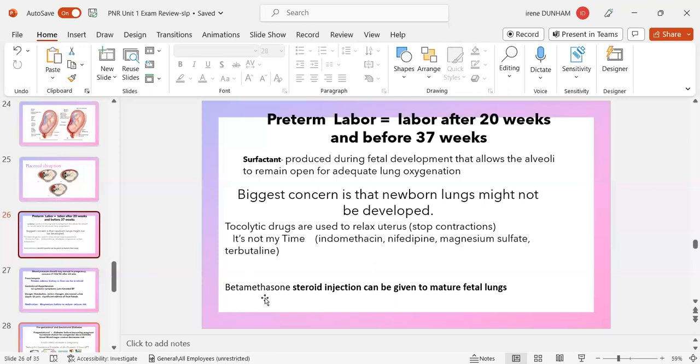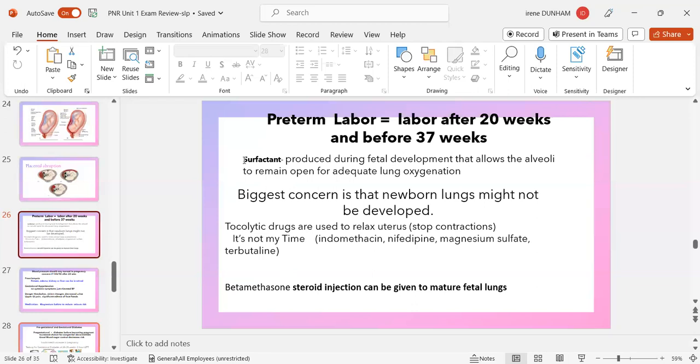Okay, so I give it today, say at 5 p.m. I'm going to give it again to mom tomorrow at 5 p.m. Okay, it's 24 hours. And what this does, it's a steroid. So, you know about steroids, it increases things. So what happens is that at about 25 weeks gestation, this surfactant has started to develop.